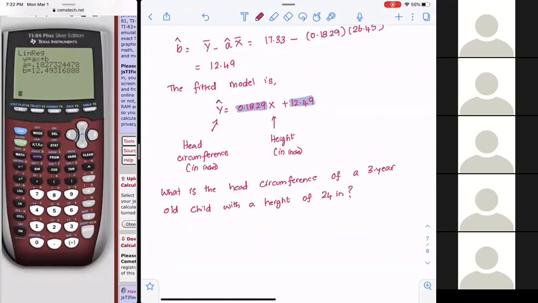So what we have to do is simply take the value of 24 inches, plug it in the model, and get the value of the head circumference.